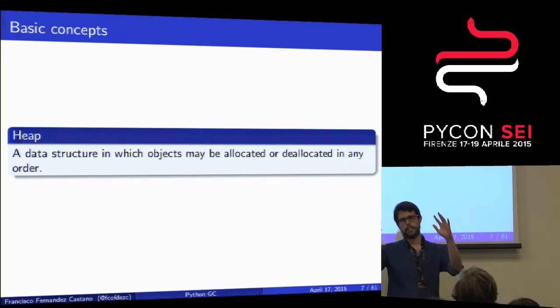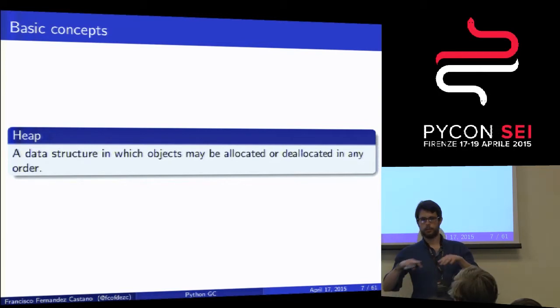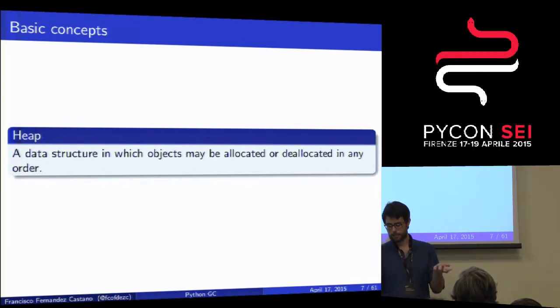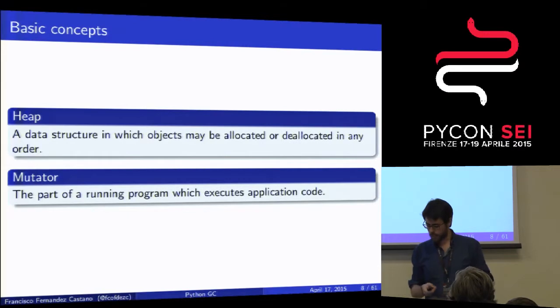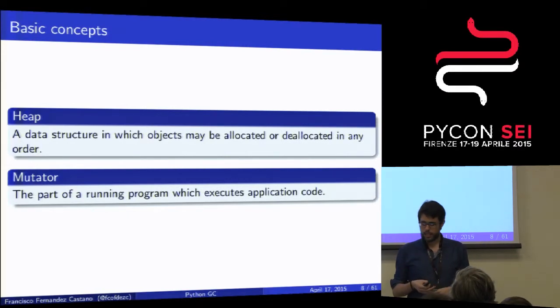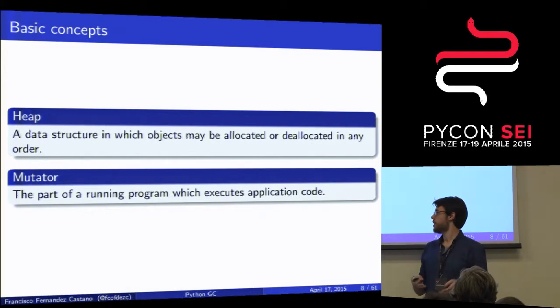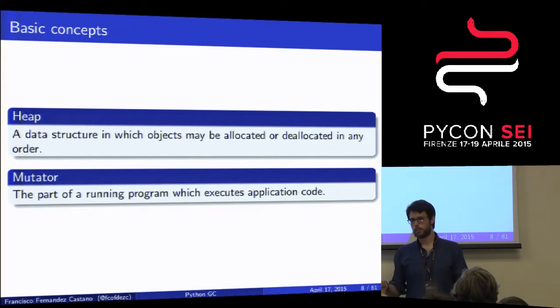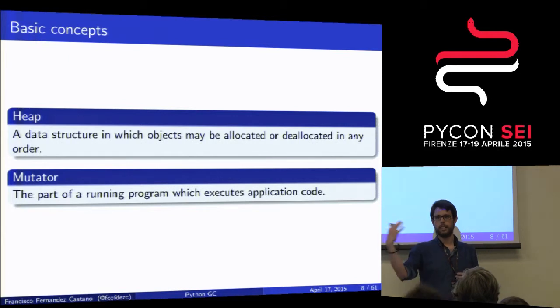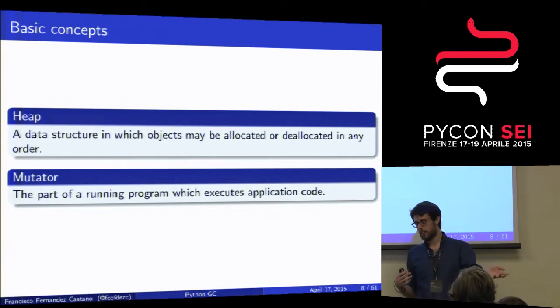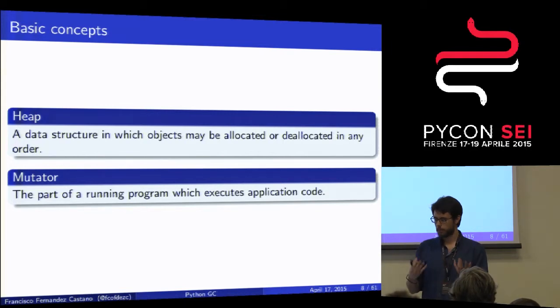So basically, it's the space in memory where our objects live. Then we have the mutator, whose academic definition is the part of a running program which executes application code. Basically, it's our code that asks for more resources. It doesn't use them anymore, so the mutator is basically our code.